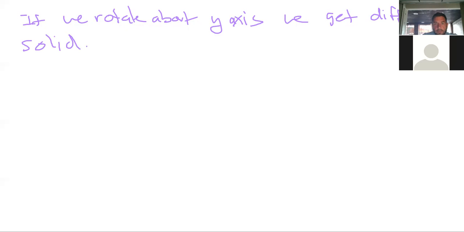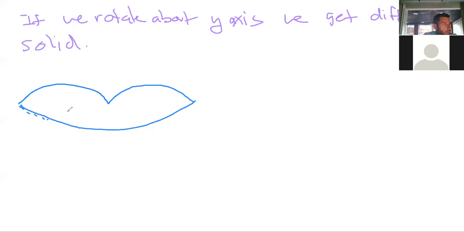So let's try to see if we can sketch it. So remember, you start with this region like this. And so when you rotate it, it's going to give you this sort of mirrored image. And then it's going to have this. So it's kind of like a volcano donut type thing.